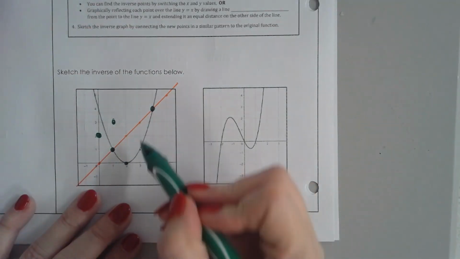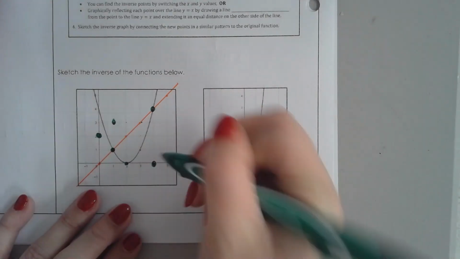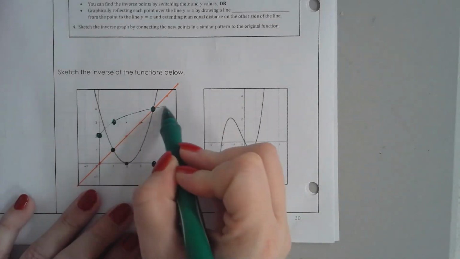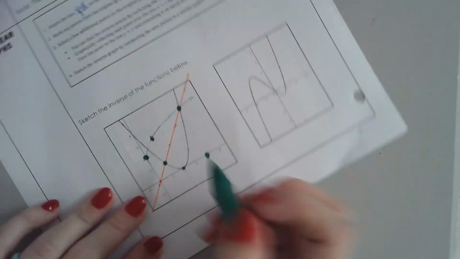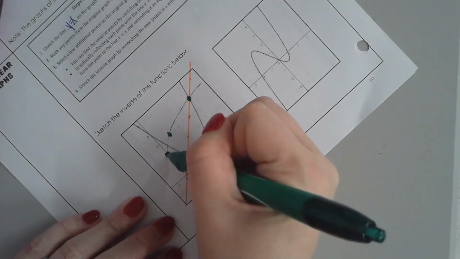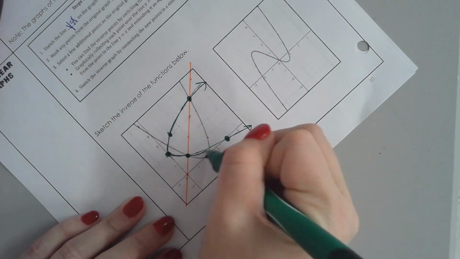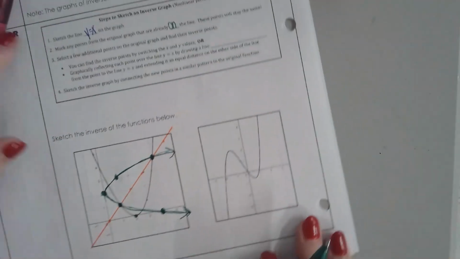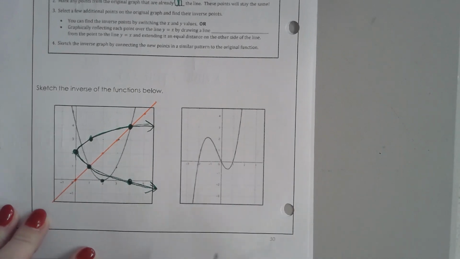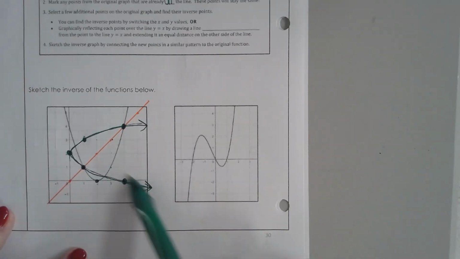Or you could have gone up, up, left, left. That's what it looks like if it's reflected across this line. So those are inverses of each other.